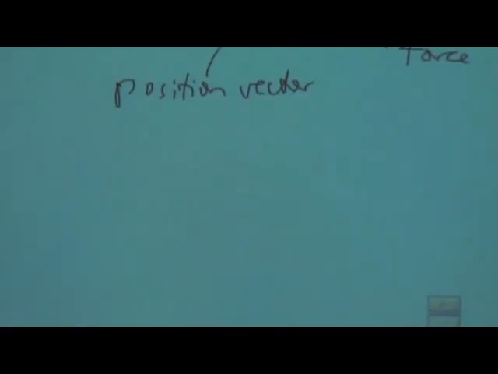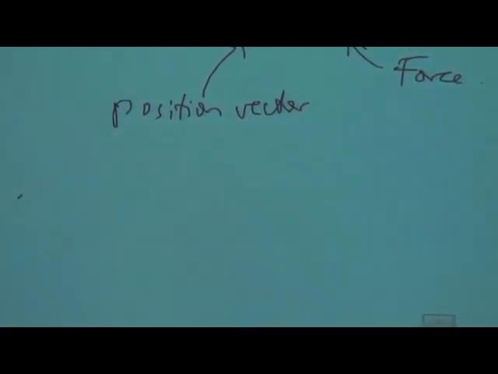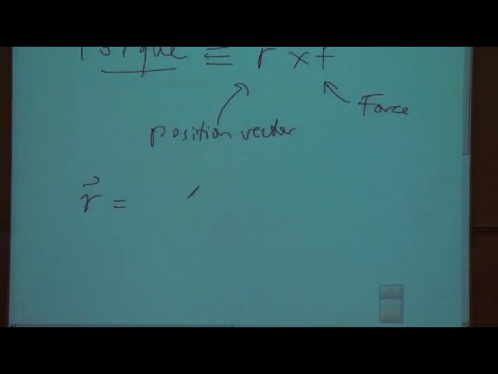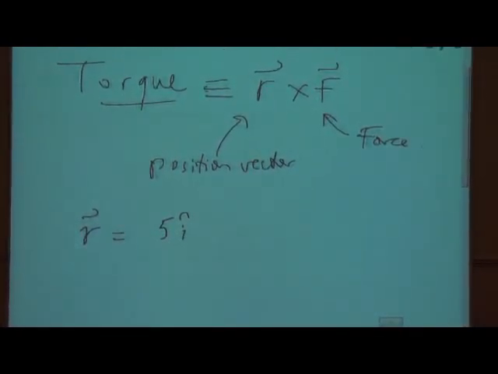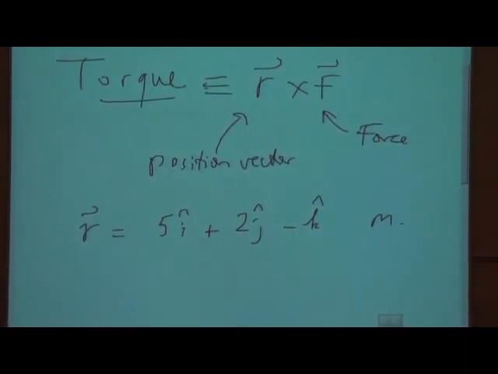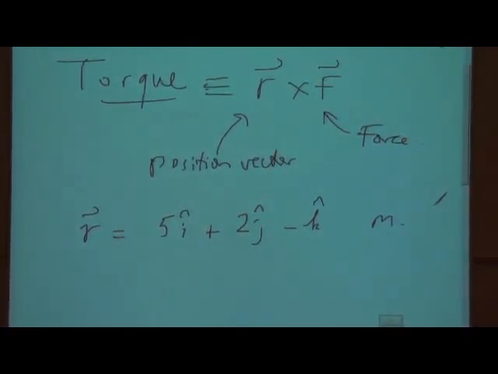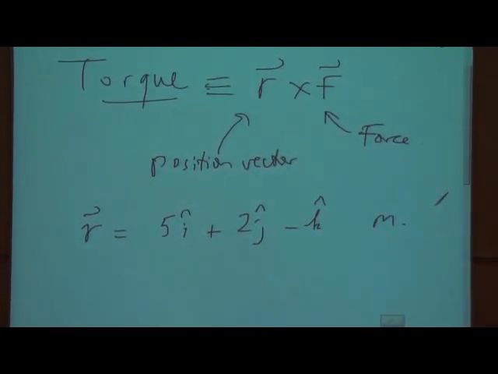Now let me do an example with this. R is 5I plus 2J minus K in meters. Okay? So this might be, for example, a windmill or something rather large, 5 meter, 2 meter, etc. distances.